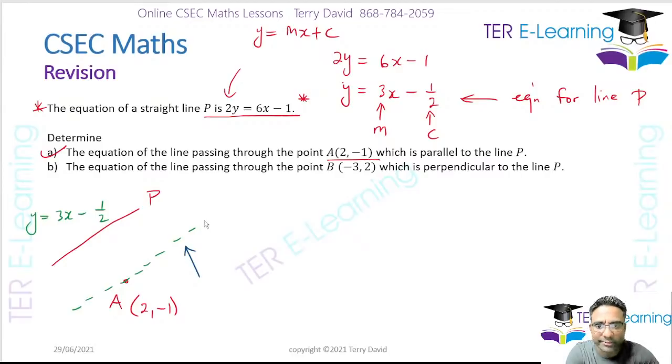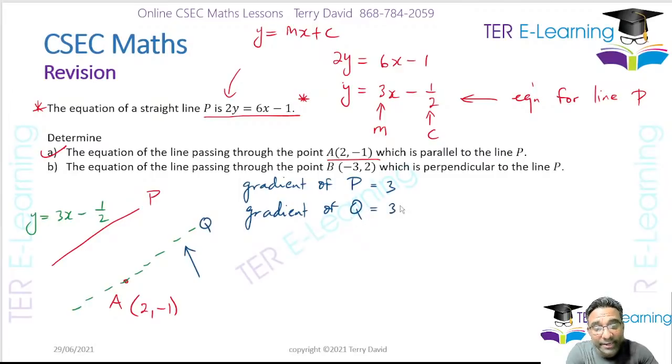Let's call it Q, so it'll be easier for me to explain this. The gradient of P is equal to 3. We know that. The gradient of the line Q has to be equal to that same gradient because they are parallel lines.